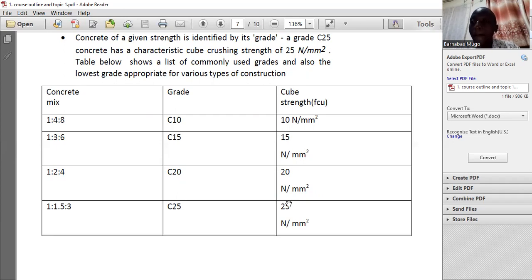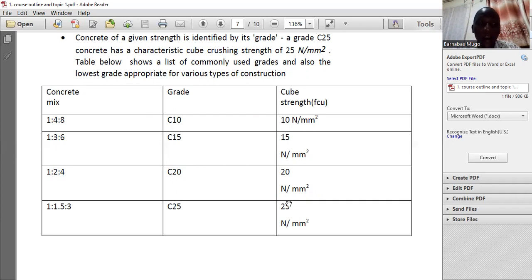Then we have the 1:2:4 mix of the concrete. It means that it is C20, the grade of that concrete is C20, and the FCU, the characteristic strength of that concrete, is 20 Newton per millimeter squared.